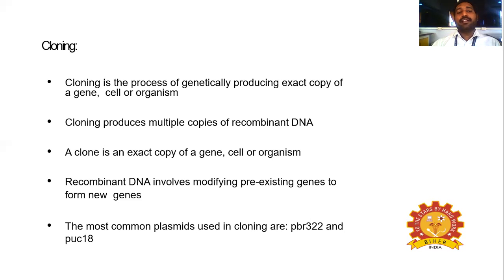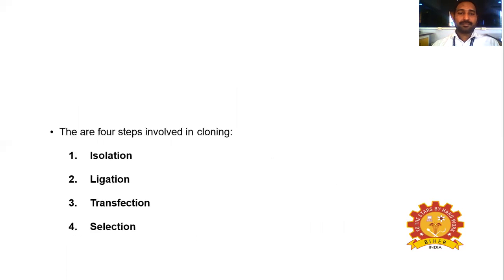Another important point: recombinant DNA involves modifying pre-existing genes into new genes. The most commonly used plasmids for different types of cloning are pBR322 and pUC18. Even artificial chromosomes can be considered for cloning purposes.